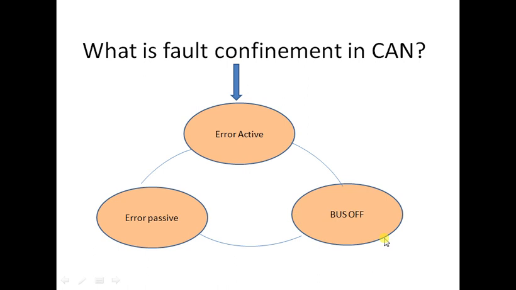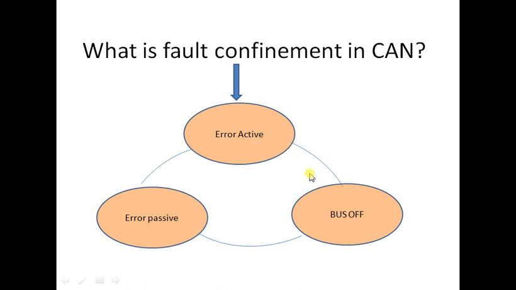Once it goes into bus off mode, it will switch off from the network and will not do any further data communication. But it will keep listening to the bus. After 128 occurrences of 11 consecutive recessive bits, it can come back to communication.